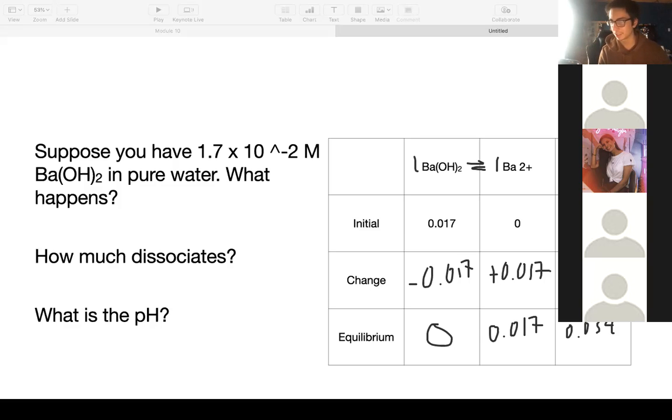And so the last thing we're going to look for is what is the pH. So I'll give you guys a second to try and solve for that. I'll do the same here.